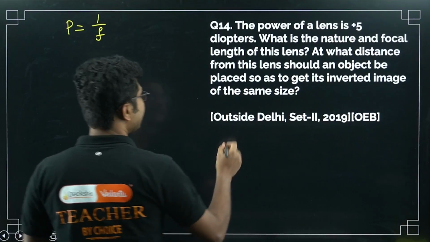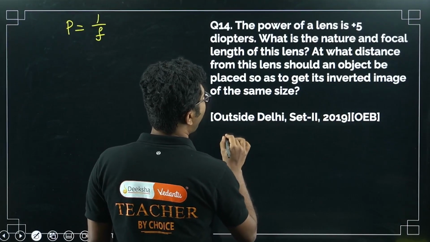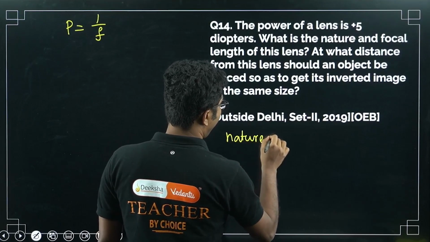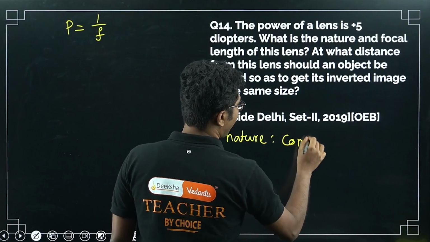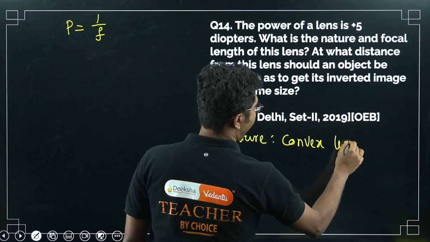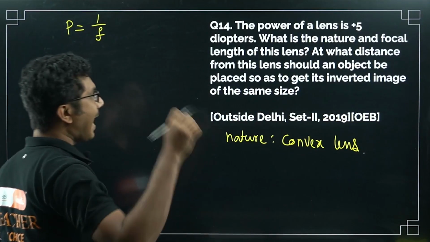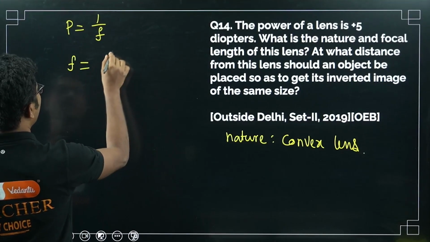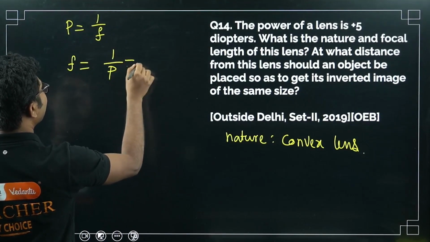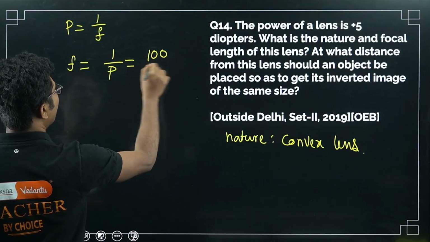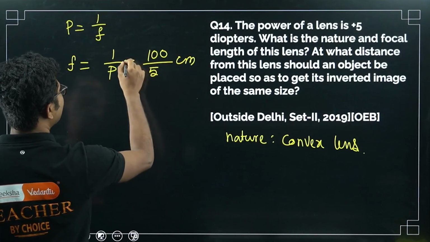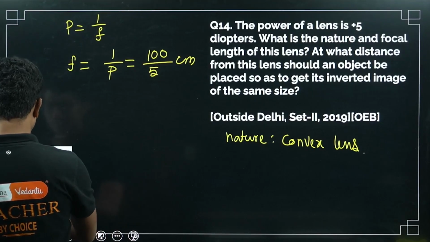So nature is convex lens. And focal length of this lens is f equals 1 by P. Now this is in meters, so we will divide 100 by 5 to get centimeters.